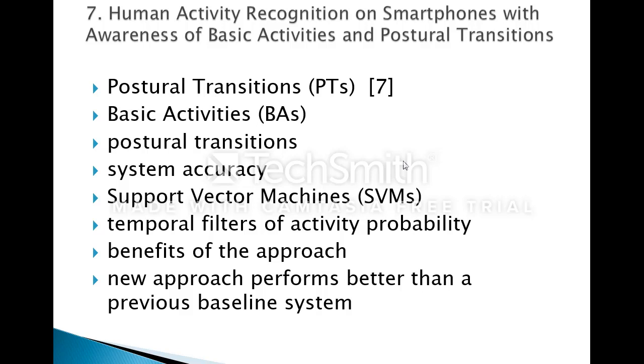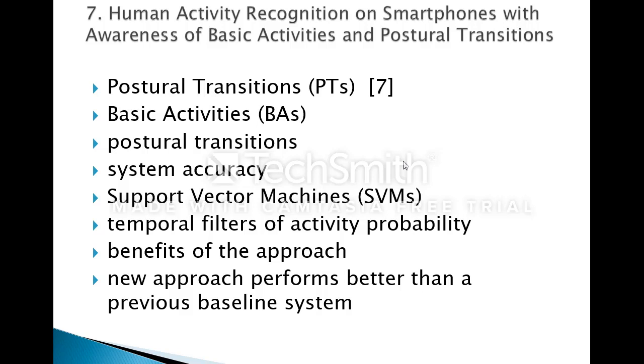The method used consists of parallel exploiting support vector machines SVM and temporal filters of activity probability judgment within a limited time window. The author presented a novel smartphone-based online HAR system for the division of activities, which takes into consideration the impact of PTs in the system accomplishment.